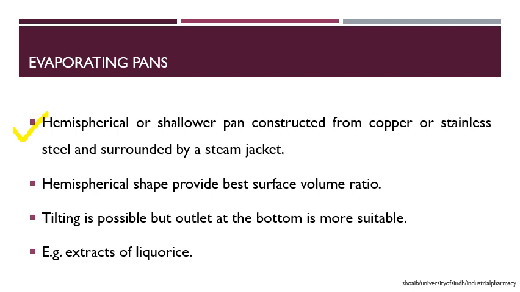The hemispherical shape provides the best surface to volume ratio. As you see, the surface of the pan is hemispherical. If it is in this shape, more and more liquid will come into contact with the surface.